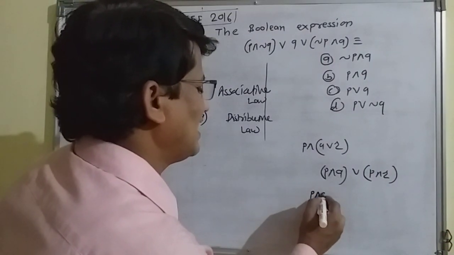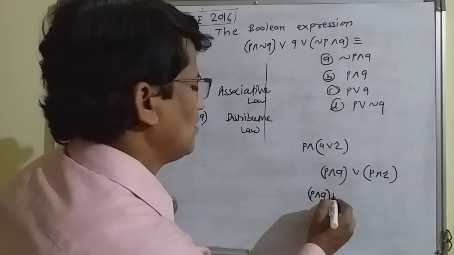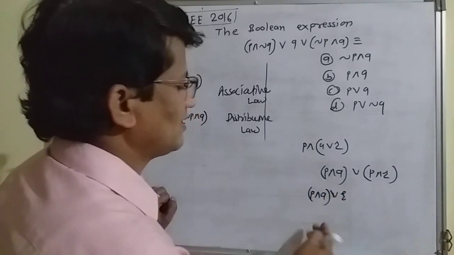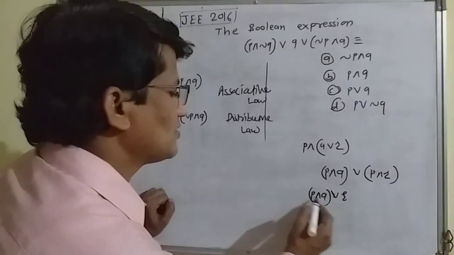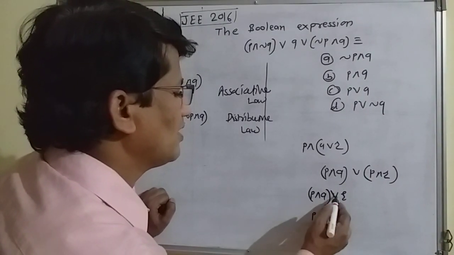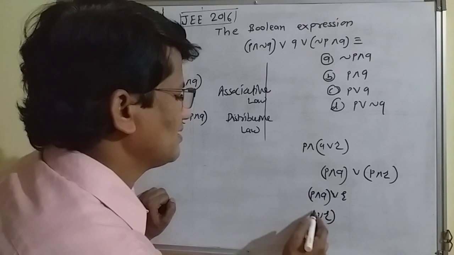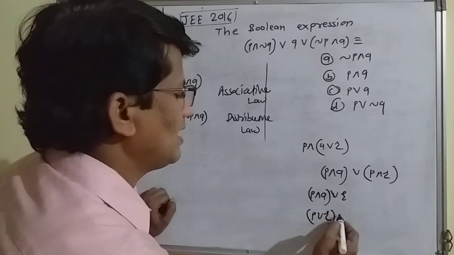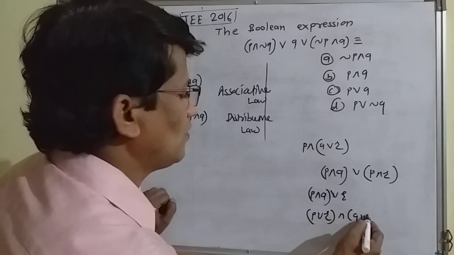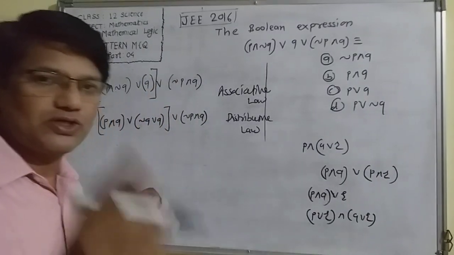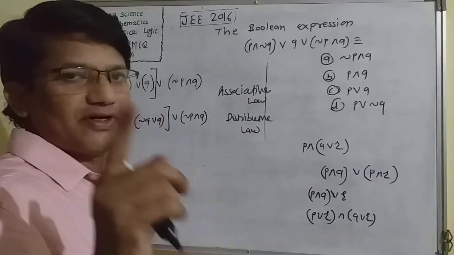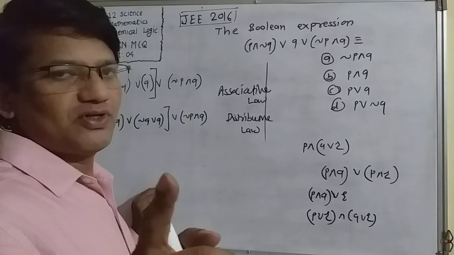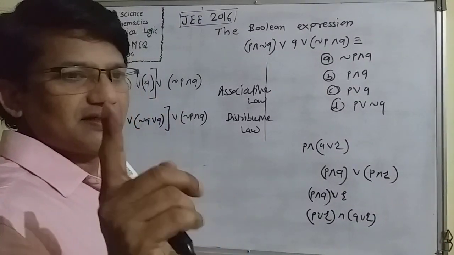P and with Q, or with R. Here R is on the right side, so we can use P or with R, and Q or with R. This is also a distributive law. There are two laws for distributive law: left distributive law and right distributive law.